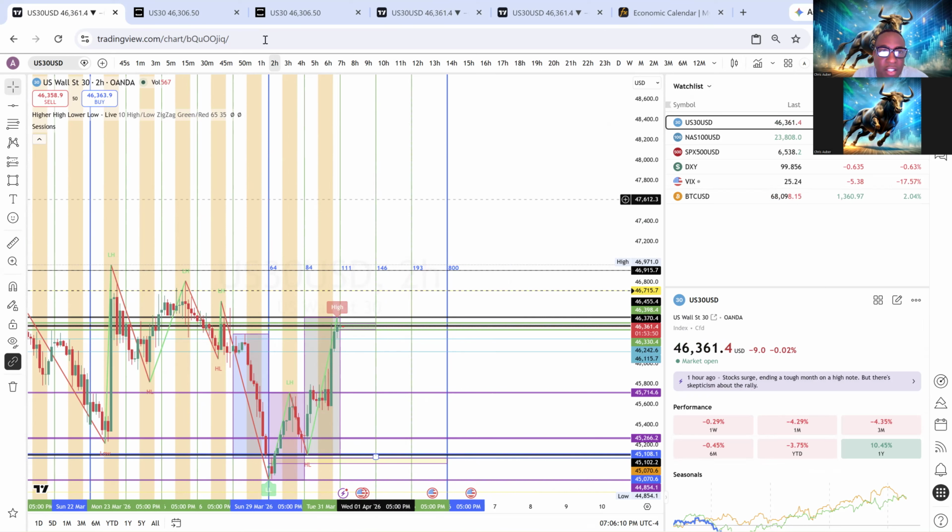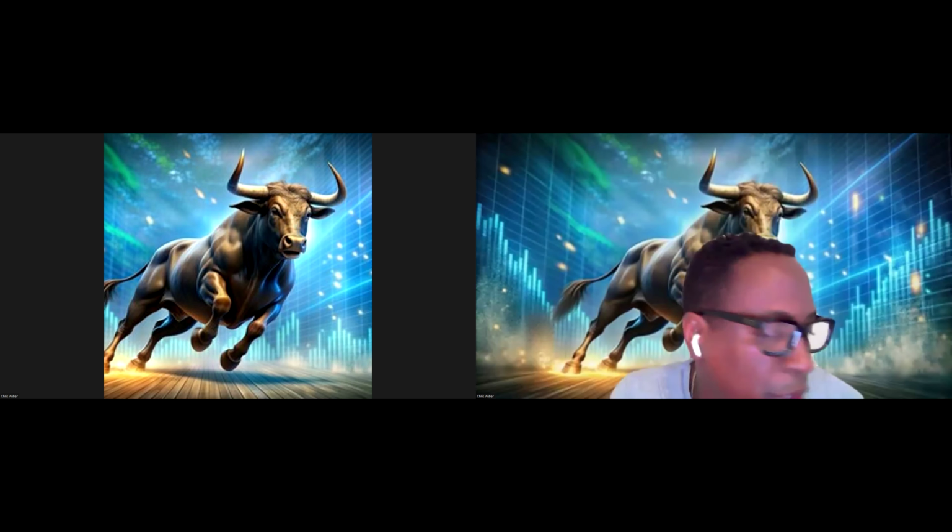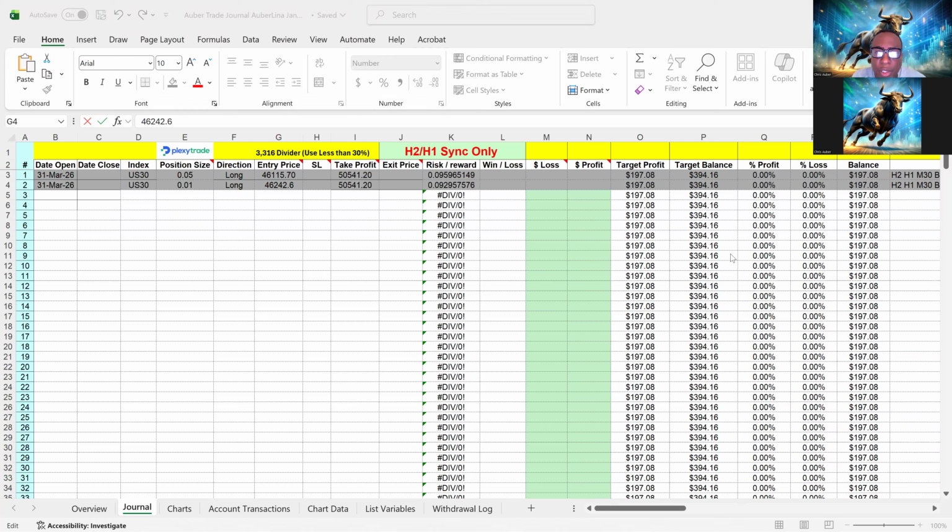So based on the starting balance that we had, let me go back to the Excel sheet so I can show it to you. Just wanted to show you what the initial deposit was. And then we go to share and we go here. It's coming up.